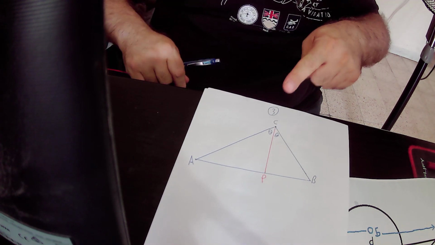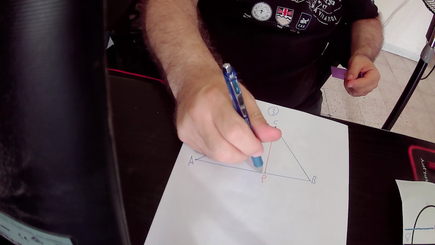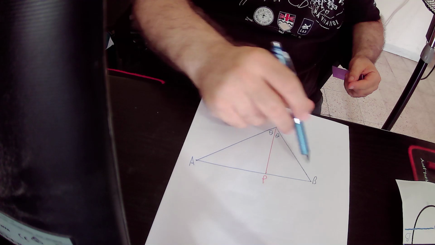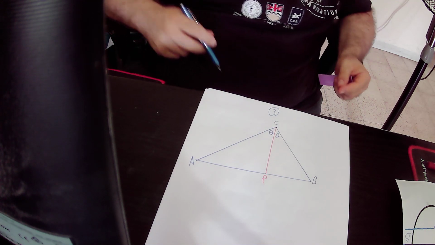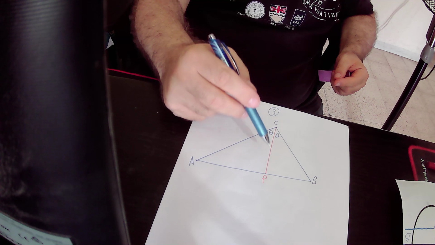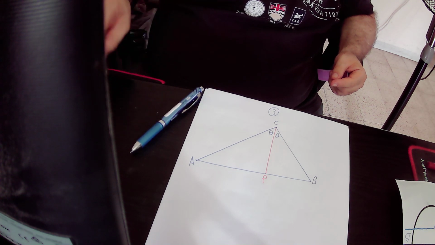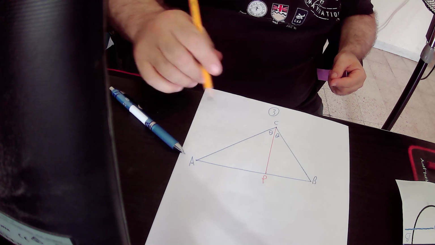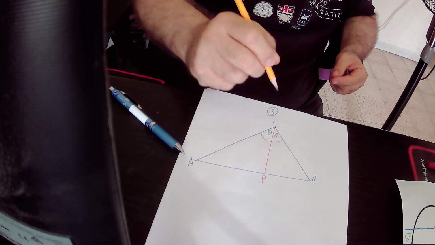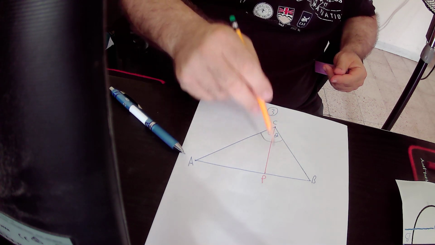So this is triangle ABC. P is the center of the circle and it is on side AB of the triangle, and as you can see from the drawing, PC bisects angle ACB into two equal angles, because angle ACP equals angle BCP.